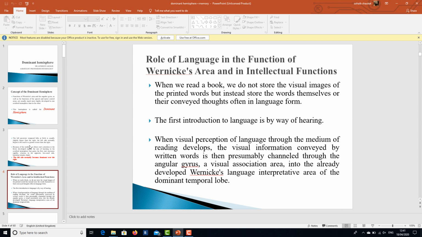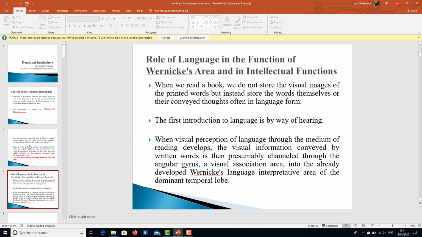Now, the role of language in the function of Wernicke's area and in intellectual functions. When we read a book, we do not store the visual images of the printed words, but instead we store the words themselves or their conveyed thoughts, often in language form. The first introduction to language is by way of hearing it.